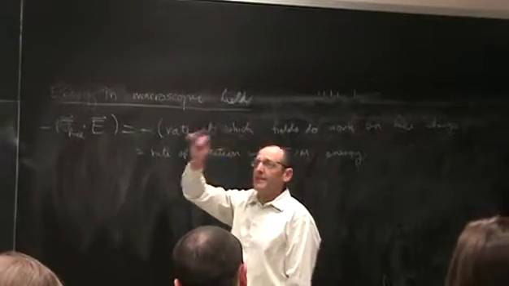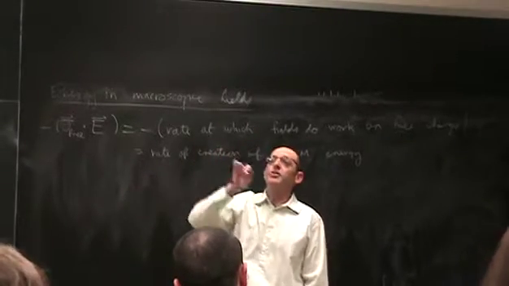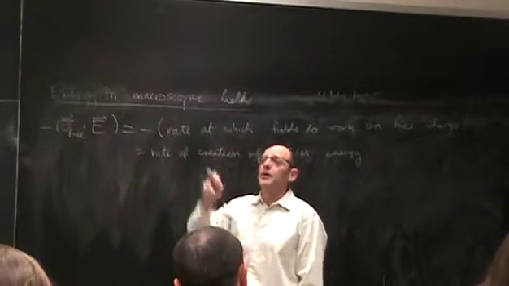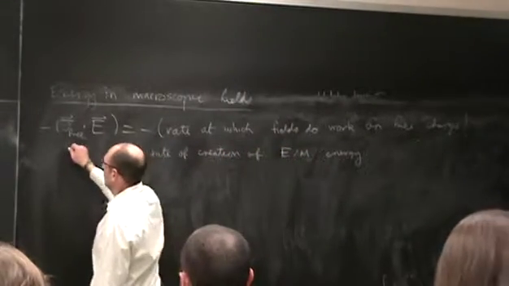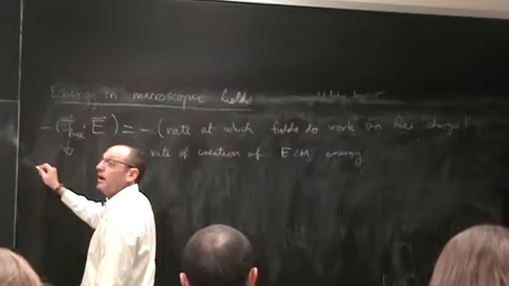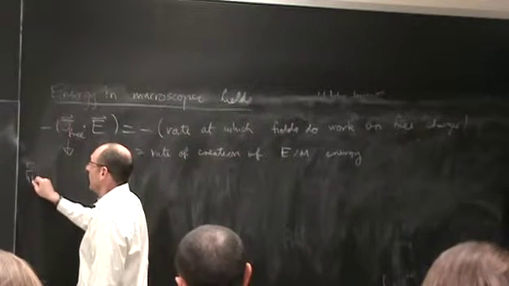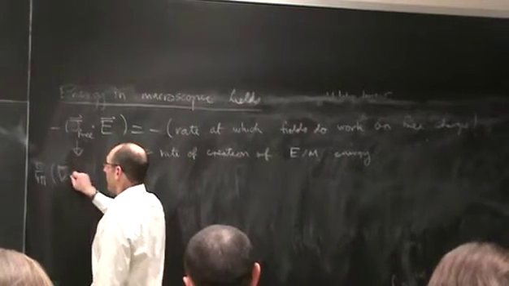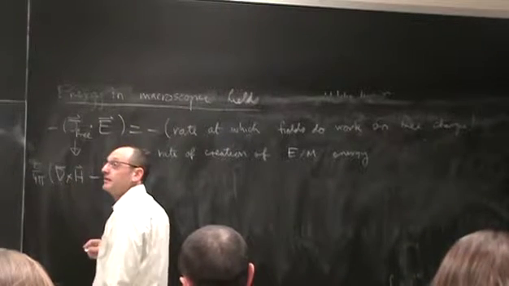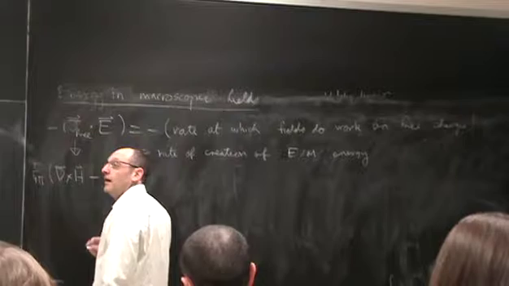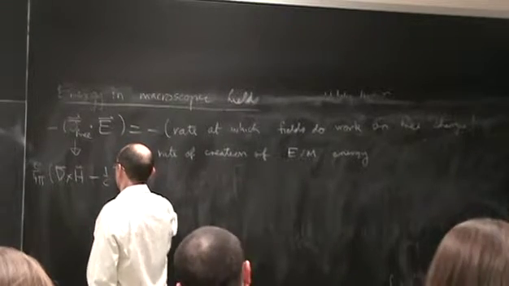According to this equation, let's forget about linear response. Let's talk about the general case. J free is equal to C over 4 pi, the curl of H, minus 1 over C dD dt.